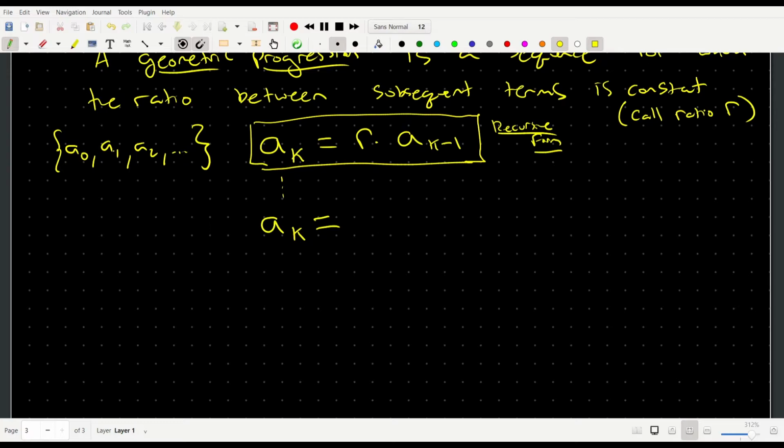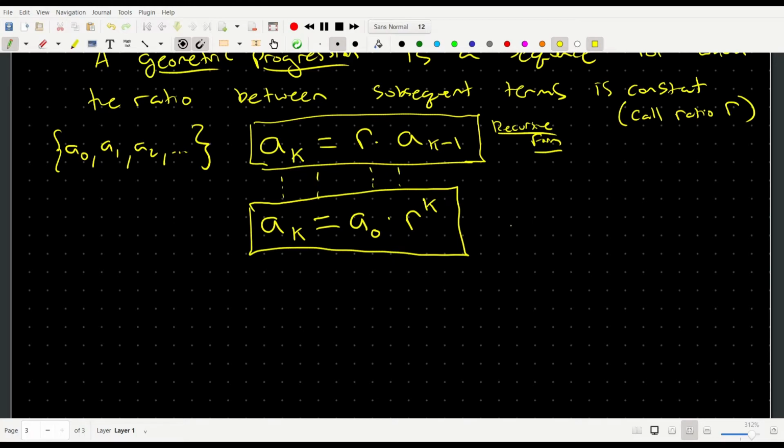So if a_1 is equal to R times a_0, a_2 is equal to R times a_1, and so on, the explicit form for this geometric progression ends up becoming a_0 times R to the power k. It would be a good exercise for you to do this. This is the explicit form of a geometric progression or a geometric sequence: the starting value times the ratio to the power k.